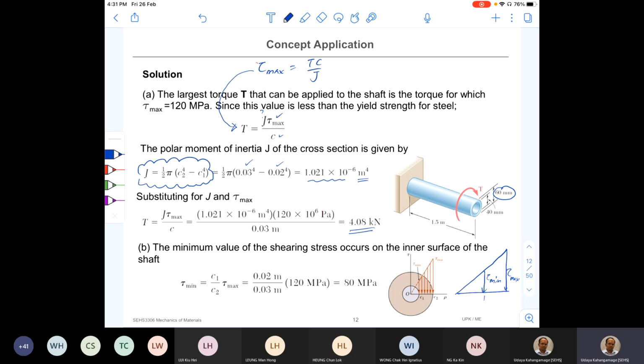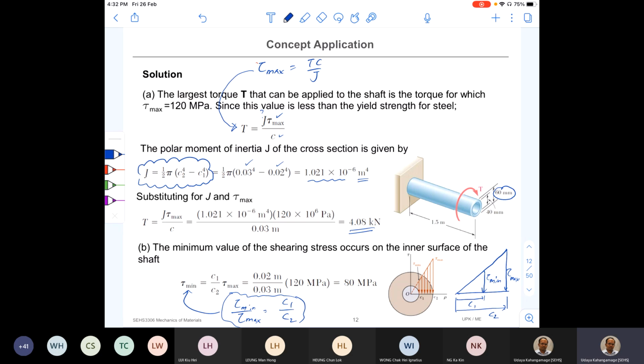This length here is c1, and this one here is c2, the maximum radius. Now by looking at the two triangles, the small one and the big one, we can write tau min over tau max is equal to c1 over c2. Using this equation, we can find tau min.